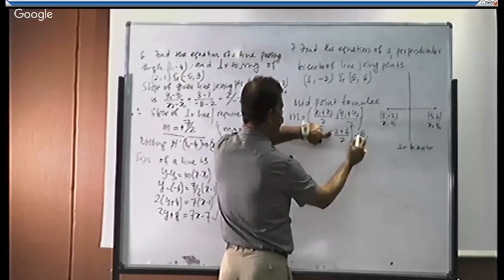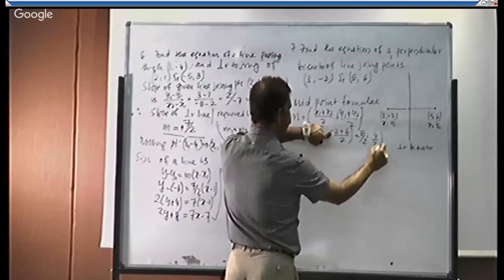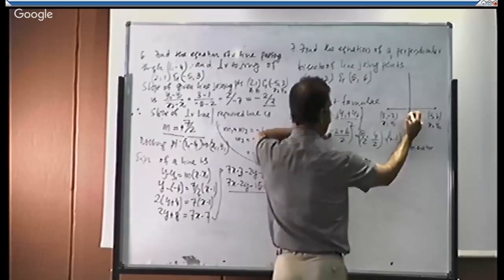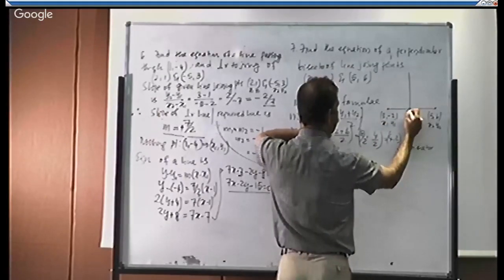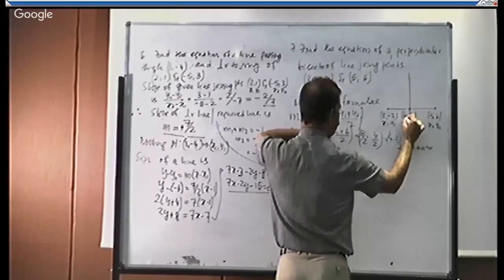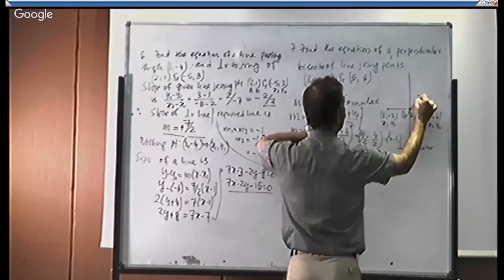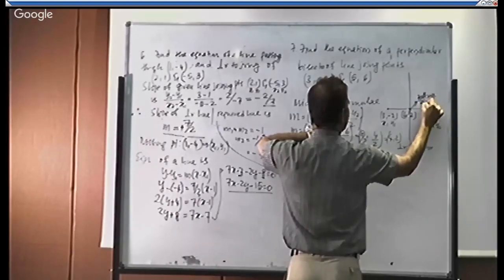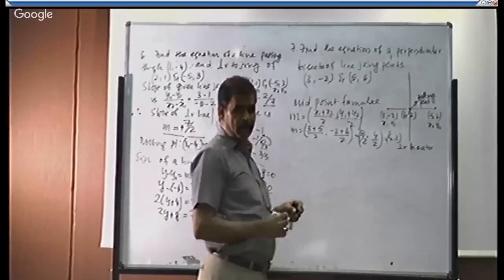Minus 2 plus 6, it is 4 by 2. Right? That is equal to 4 comma 2. The coordinates of the midpoint is 4 comma 2. So that will be taken as the passing point. Now I got the passing point.